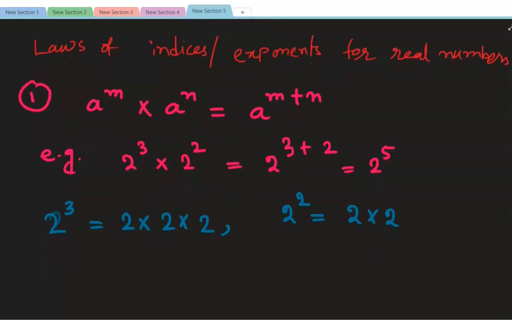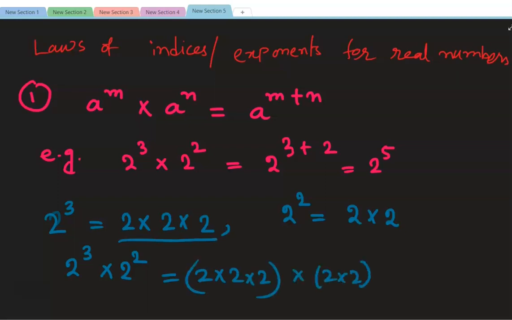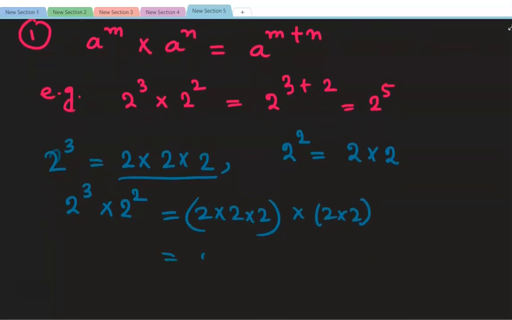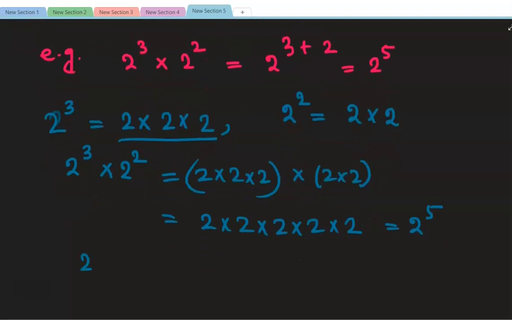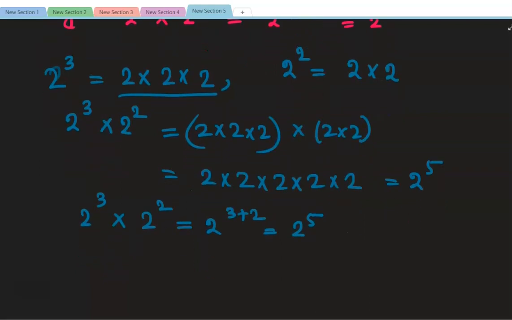So when 2 to the power 3 and 2 to the power 2 are multiplied, we get 2 into 2 into 2 and 2 into 2. So how many 2's do we get? We get 5 2's multiplied. So we can write this as 2 to the power 5. That's why 2 to the power 3 into 2 to the power 2 is equal to 2 to the power 3 plus 2, that means 2 to the power 5. So this is a verification of this formula.